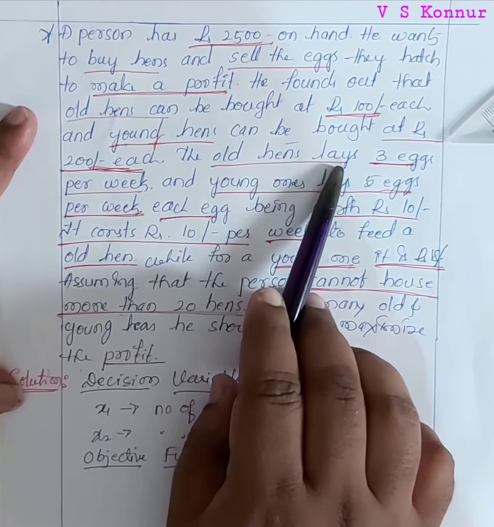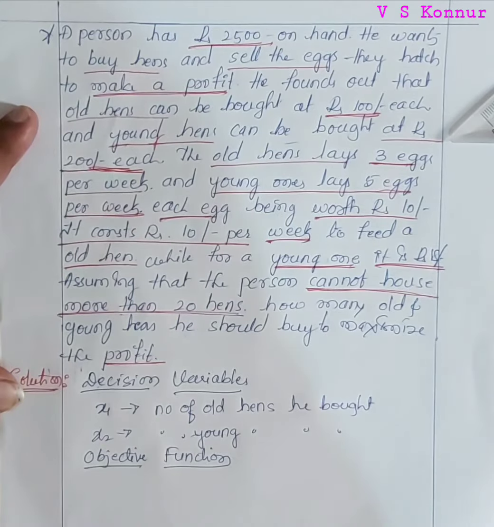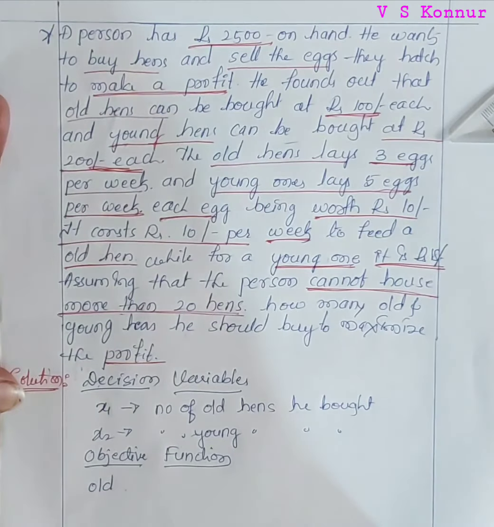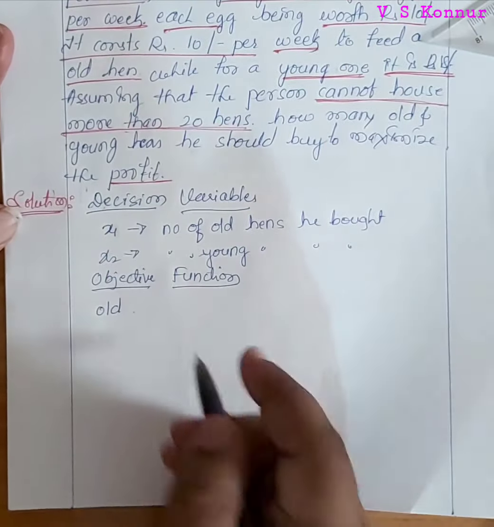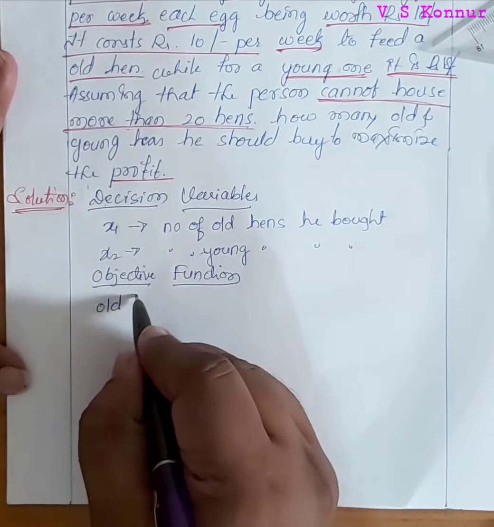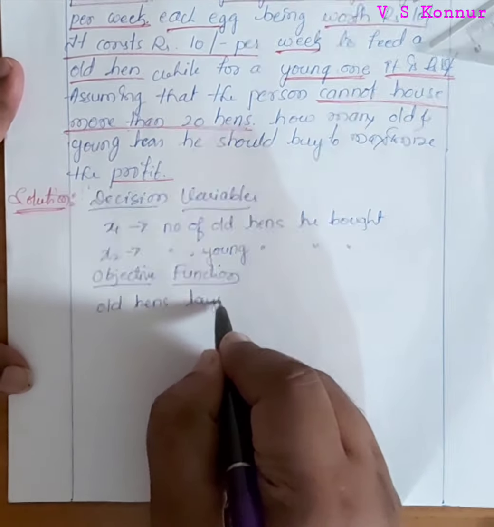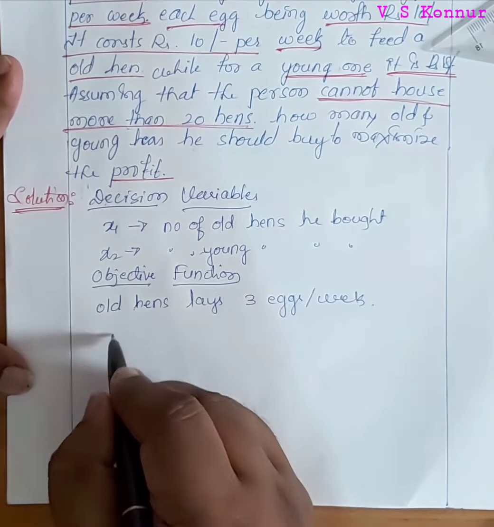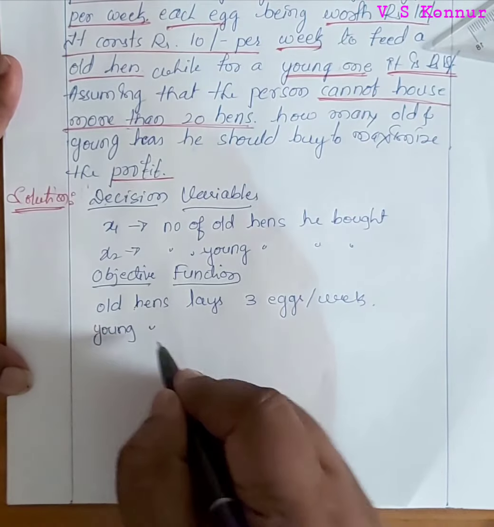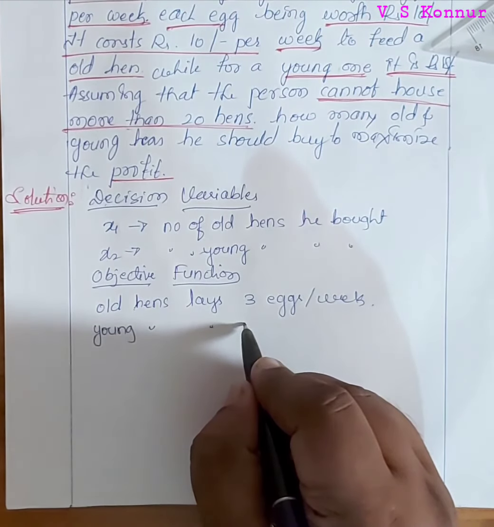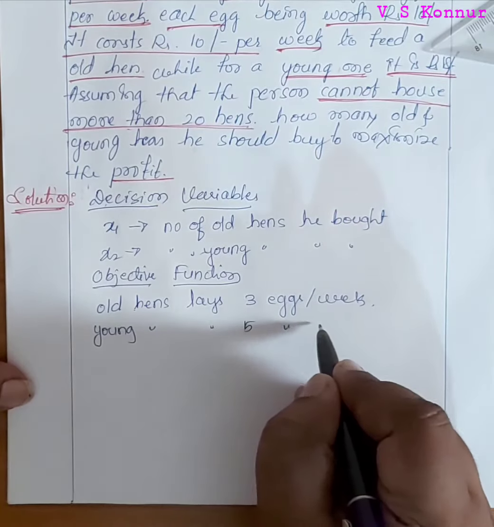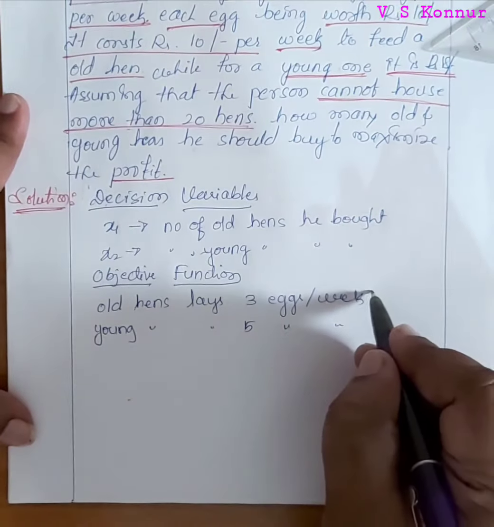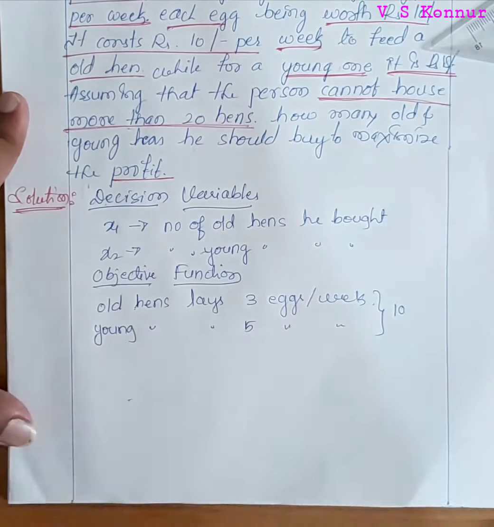The old hens lay 3 eggs per week, while young hens lay 5 eggs per week. Each egg being worth 10 rupees.